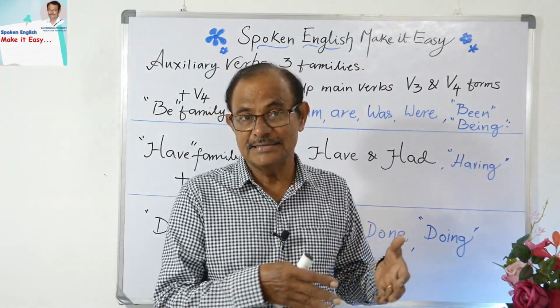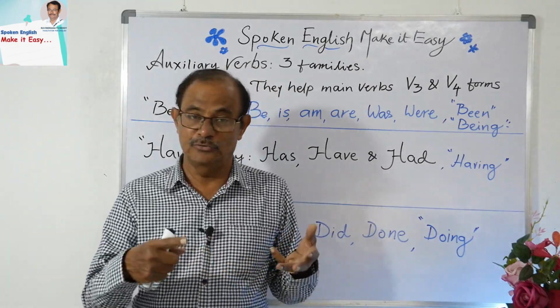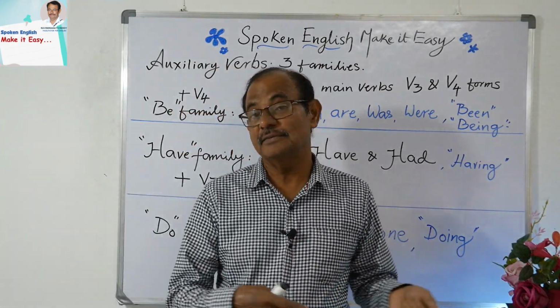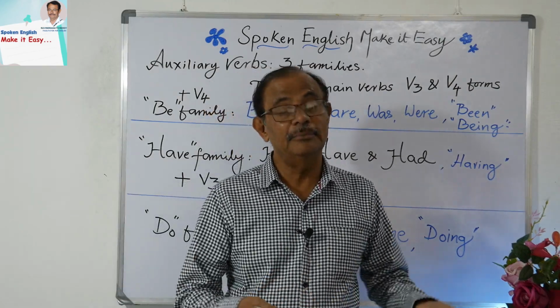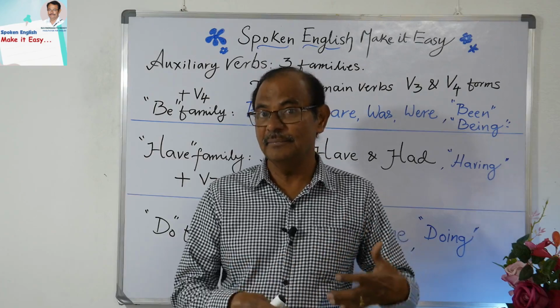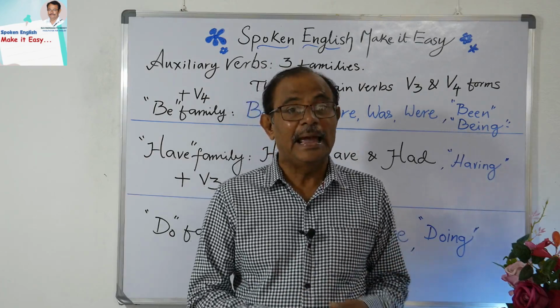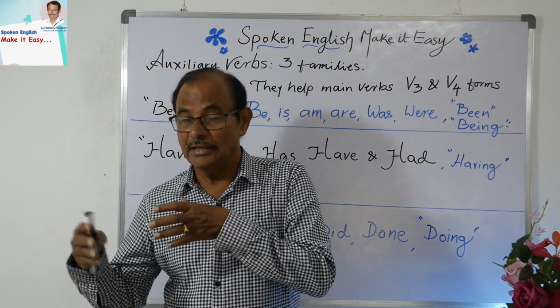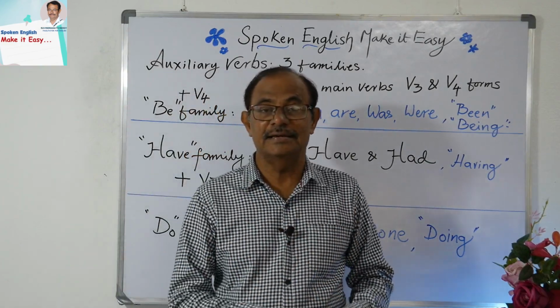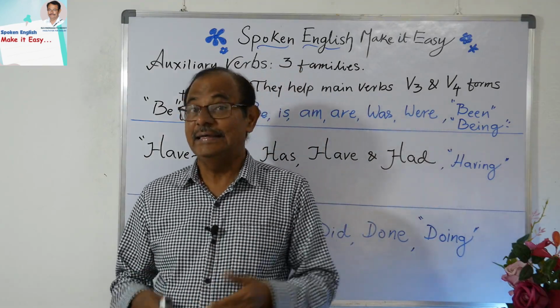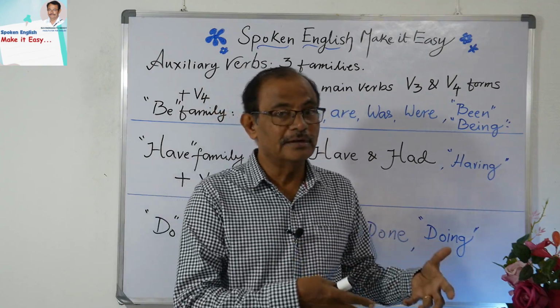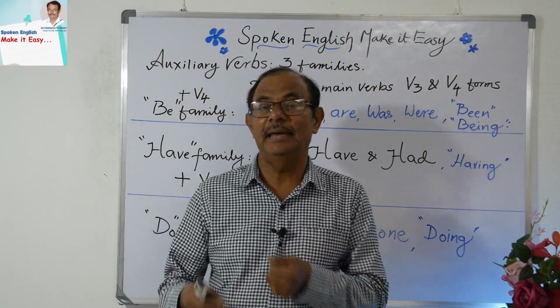In sentences there may be one type of verb that is an auxiliary, and it can also function as a main verb in some sentences, independently, without a main verb. And the other case is when there are 2 verbs in a sentence: one is an auxiliary and the other is the main verb. In that case, these auxiliaries will help the main verb.